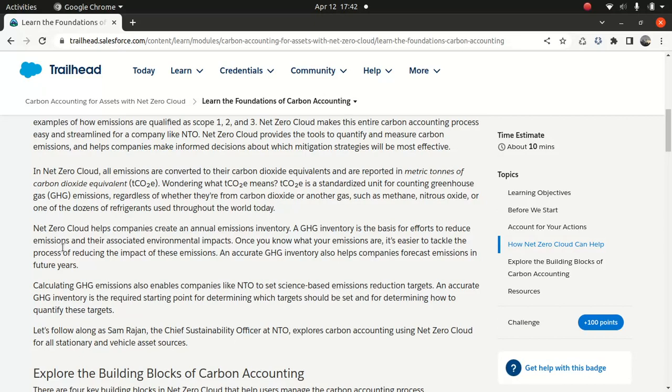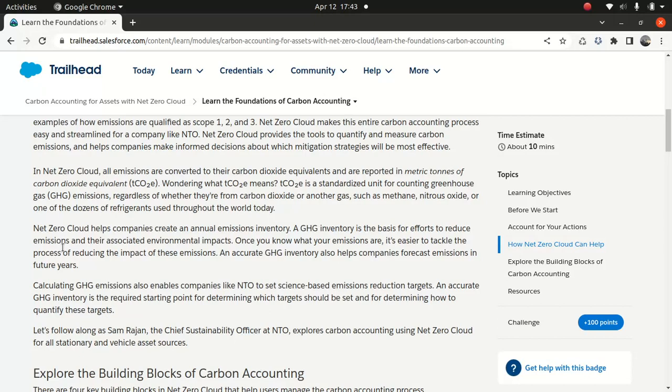So to keep that into consideration, one thing I just wanted to mention: if you're going to use Net Zero, everything is almost converted or measured in metric tons of carbon dioxide. So it's kind of an equivalent of carbon dioxide measurement. Any kind of gas you take, methane or whatever other gas, it will all be measured with respect to carbon dioxide emission. So that's something you should keep into consideration.